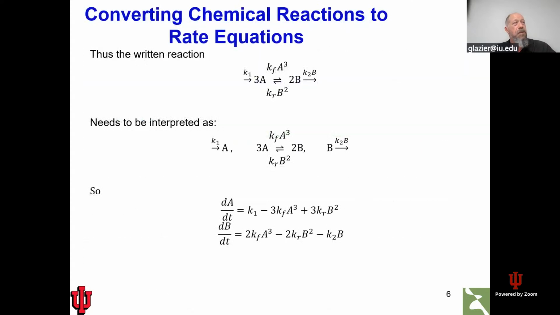Okay. And so this is just, again, the interpretation. Nothing goes to 3A, 3A goes to 2B, 2B comes back to 3A, 2B goes to nothing. You have to split that up into three separate reactions. Nothing goes to A, 3A goes reversibly to 2B, and B goes irreversibly to nothing.